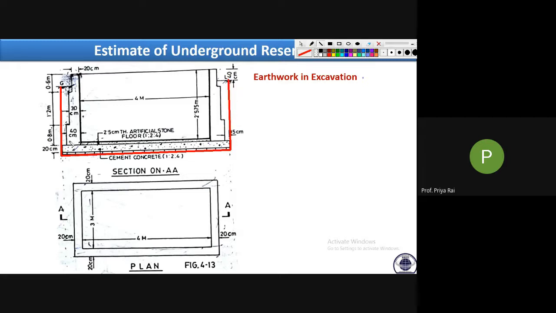From here to here is the length of the cutting earthwork in excavation. So calculate and tell me what will be the length of this excavation. This is your length of earthwork in excavation, this arrow. Now please calculate and tell me what should be the length.